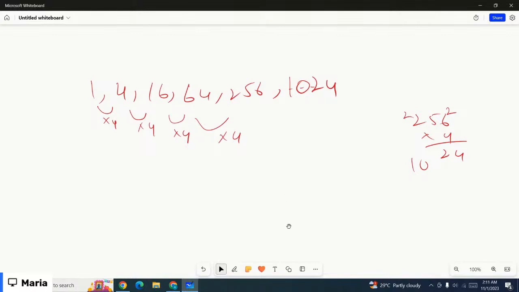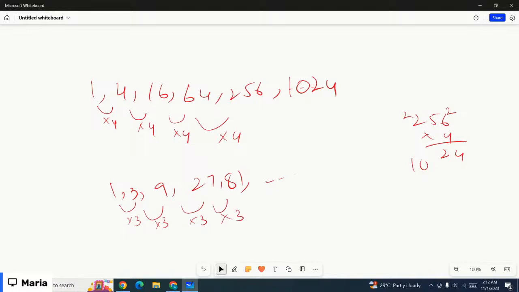The next example is 1, 3, 9, 27, 81, and you need to find the next number in the sequence, right? How do you find the next number? Let's just see if it is the geometric sequence. Okay, 1 times 3 is 3, 3 times 3 is 9, 9 times 3 is 27, and 27 times 3 is 81.